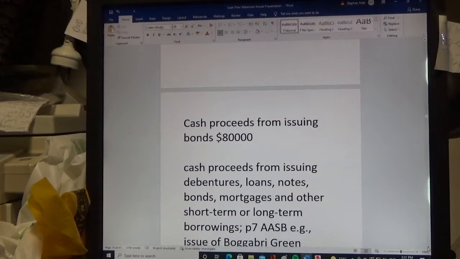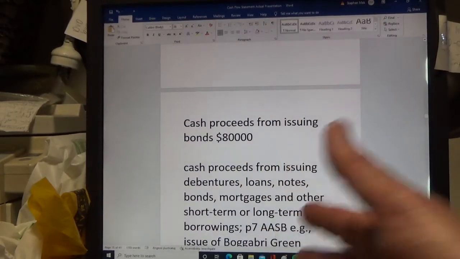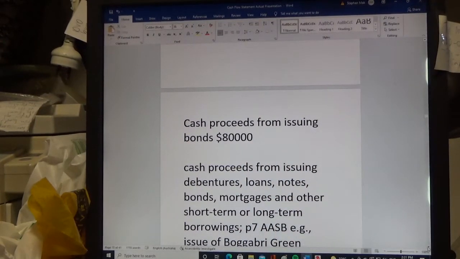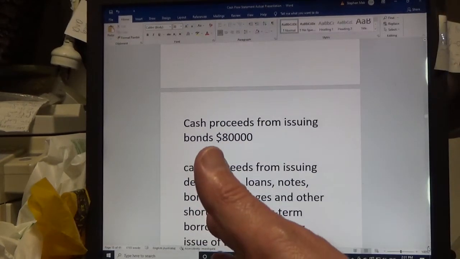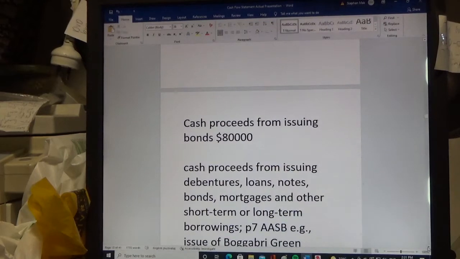Cash proceeds from issuing bonds. So the bonds were raised to bondholders, and the bondholder is giving a loan to the company. So the company gets cash as part of their operations, but they have to pay back those bondholders, and the bondholders get coupon payments at the coupon rate.